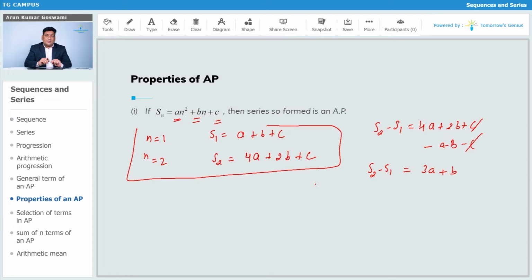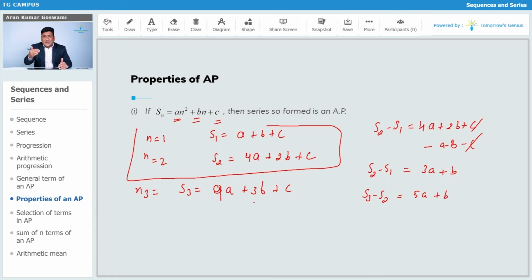Either we can put the n equals 3 value here, so S3 will be 9a plus 3b plus c. By that also, if I do S3 minus S2, let's see what I'm going to get: 5a plus b. So I got 3a plus b, 5a plus b, and definitely the next one will be 7a plus b.